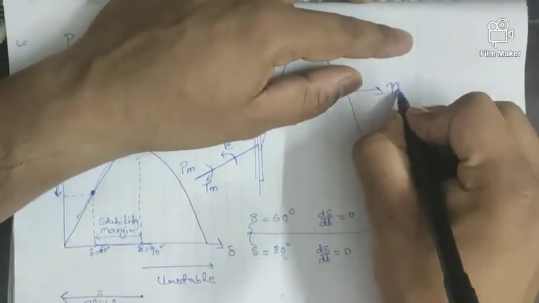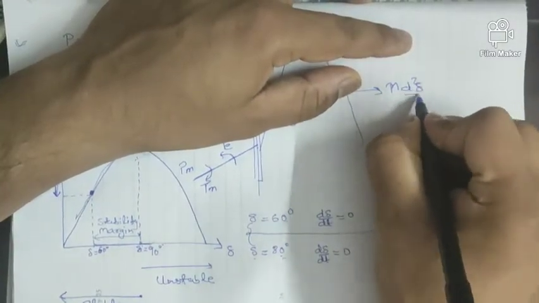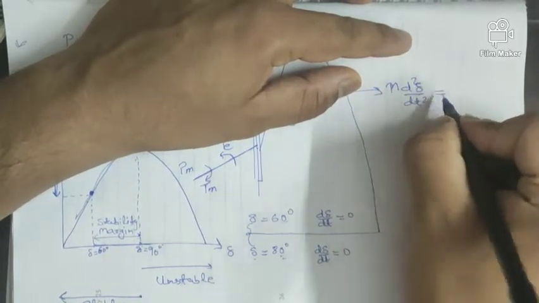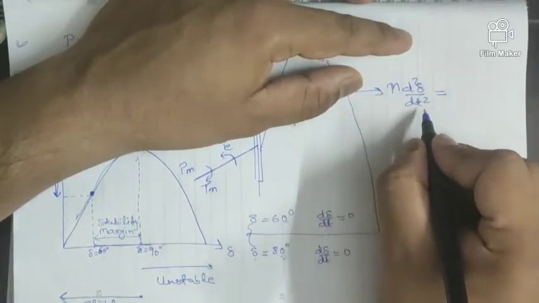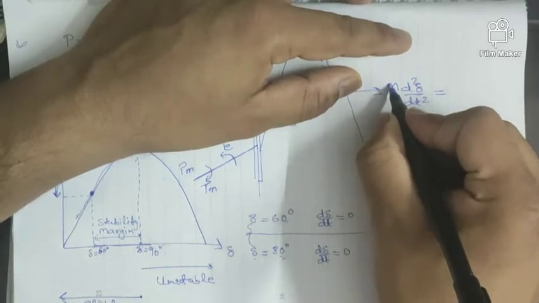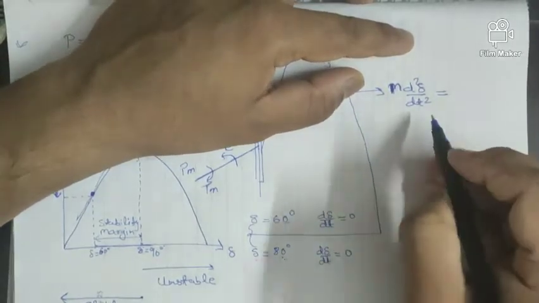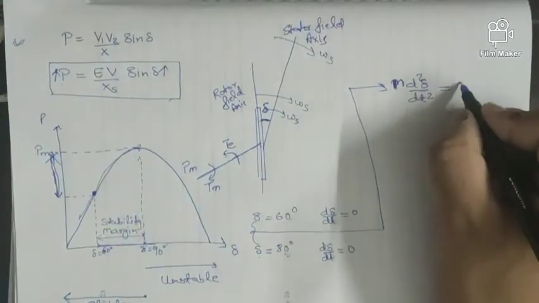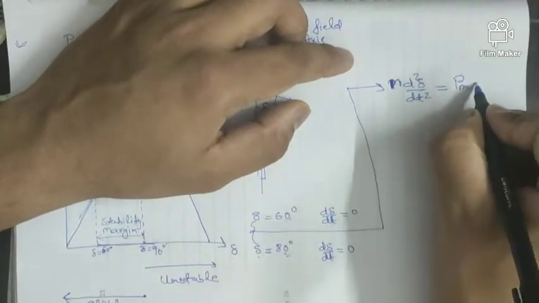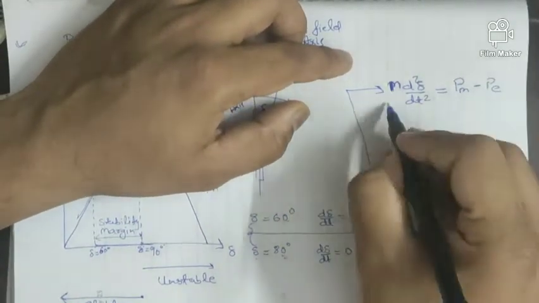We have already derived this swing equation. M, the angular momentum, into d square delta by dt square is equal to P mechanical input minus P electrical output.